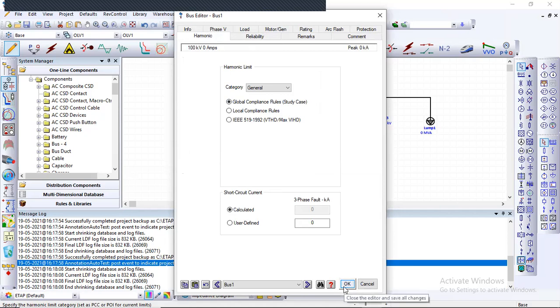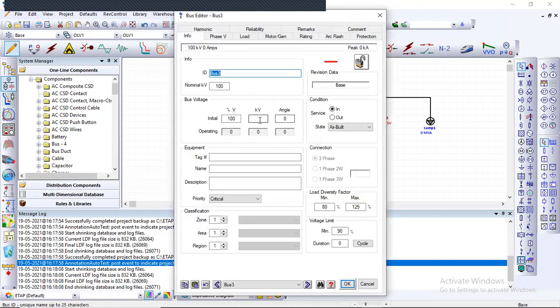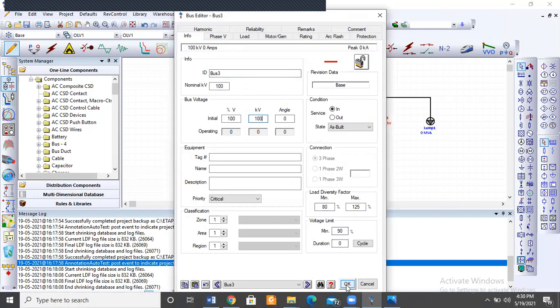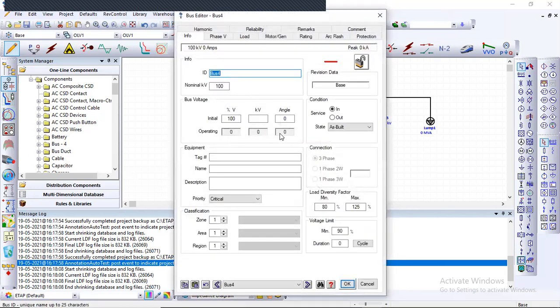So after that, we can select OK. Particularly after placing the voltage of this bus, we again have to select this bus and place 100 kV and OK. Similarly, coming towards this bus, place 100 kV and OK.